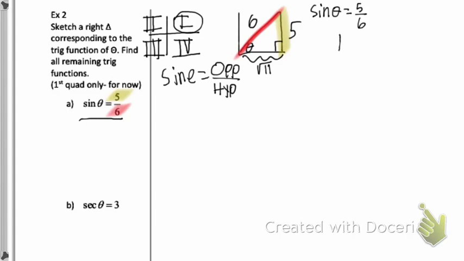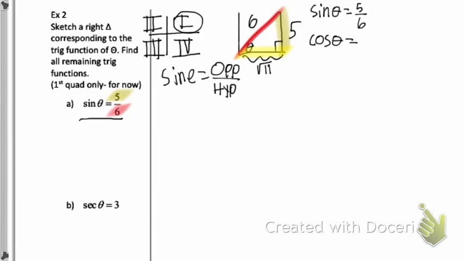And we need to find cosine of theta. Remember that cosine of theta is adjacent over hypotenuse. So it's this side over here.